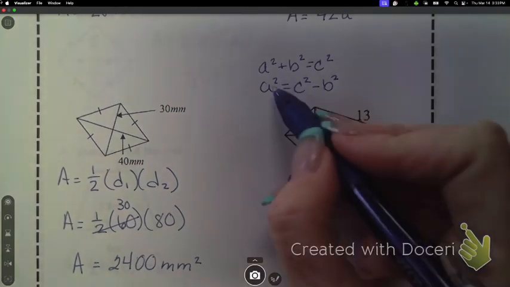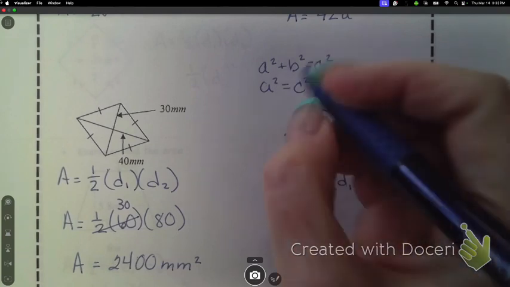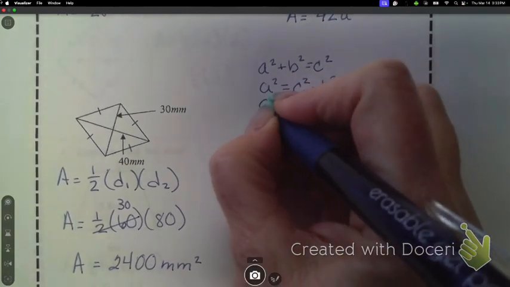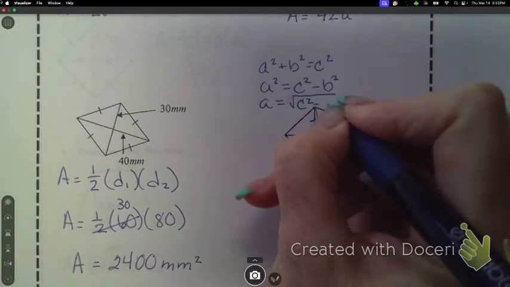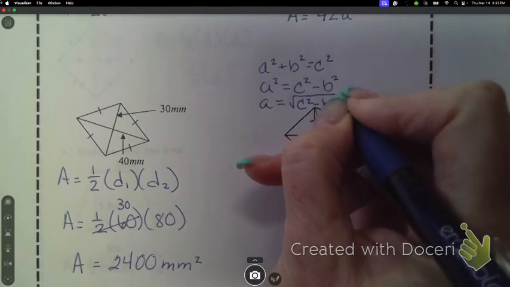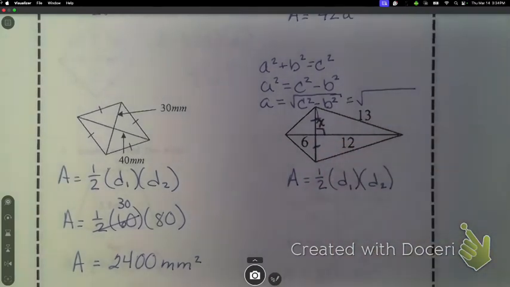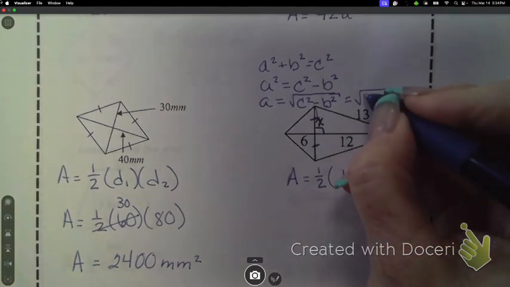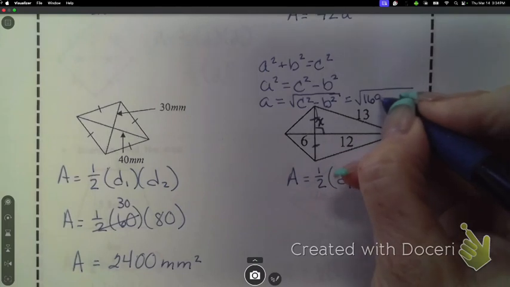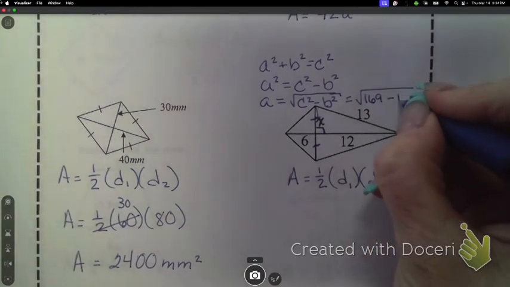And then I don't want squared, I want just one of them. So how do you undo a square? Square root. So a is going to be the square root of c squared minus b squared. Okay. So the square root of, well, what's 13 squared? 169 minus 144.